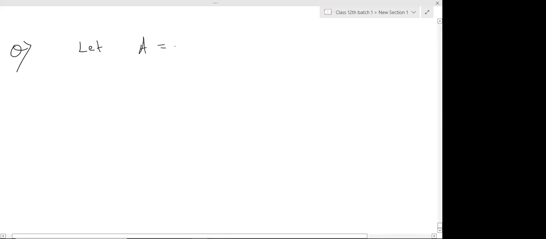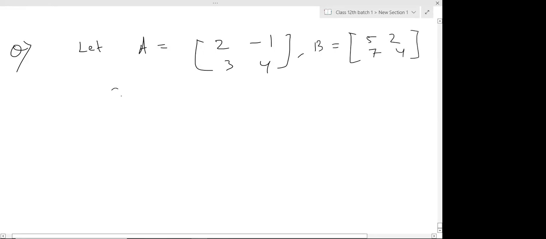Let A equal to 2, minus 1, 3, 4. B equal to 5, 2, 7, 4. C equal to 2, 3, 5, 8.